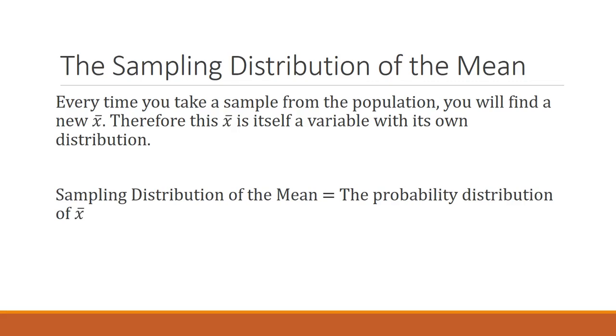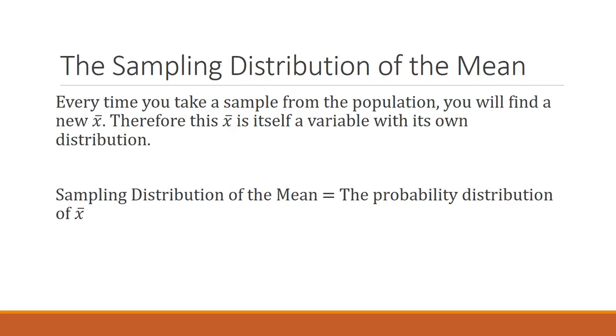I'm going to use an example of land size. You go and collect a sample of data from farmers, and you want to know how much land they have. Every time you collect a subsample from the population of all farmers in northern Ghana, you'll find a new sample mean land size.